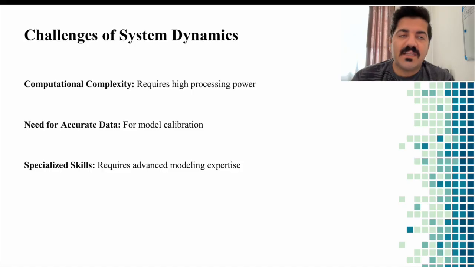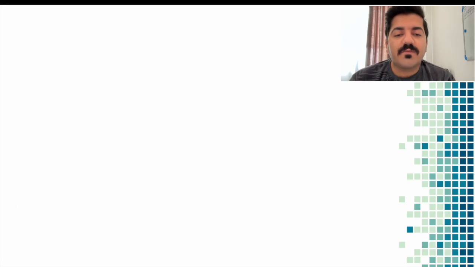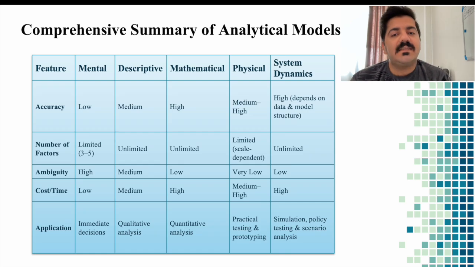But despite the challenges, I should notice that system dynamics offers a window into a future that hasn't happened yet. Conclusion: SD is very powerful but needs fuel like data and a trained pilot.